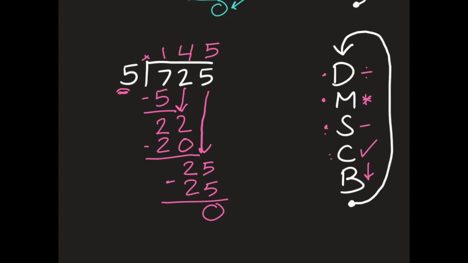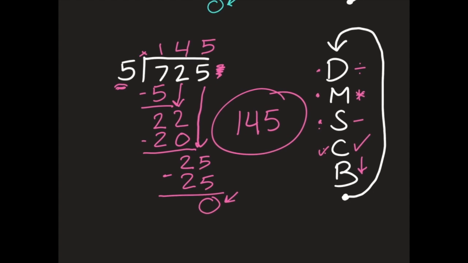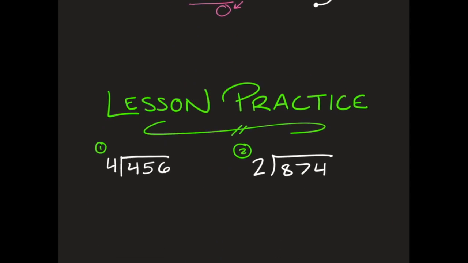I'm going to check. Is 0 smaller than 5? Yes. And this is how many I have left over. I have nothing left to bring down. So my answer at the top, 725 divided by 5 equals 145. All right.